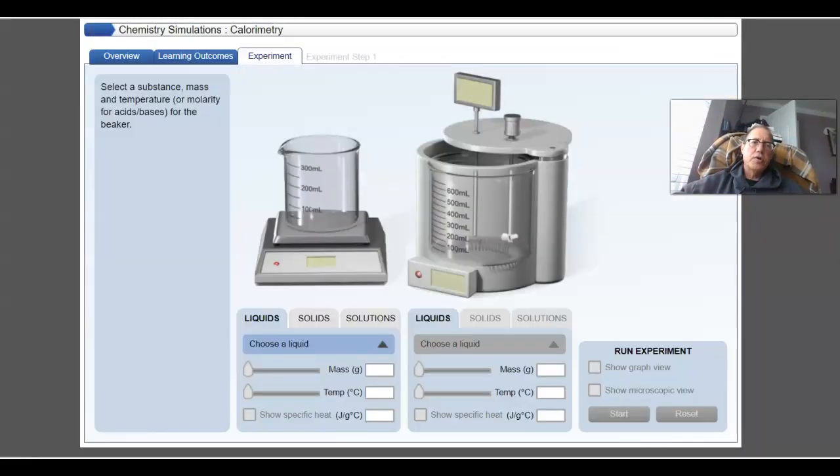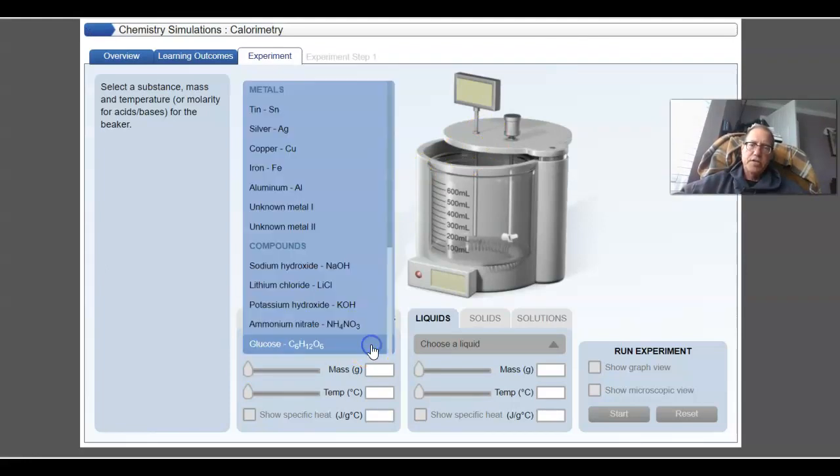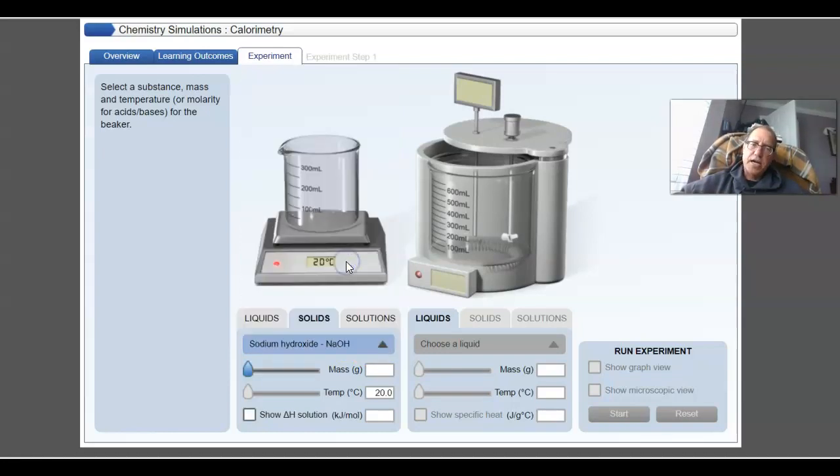We want 2 grams. That's a solid. So you go to the solid tab in the middle there, and where you want 2 grams of sodium hydroxide. We'll keep it at 20 degrees Celsius. All right, 2 grams. Good.